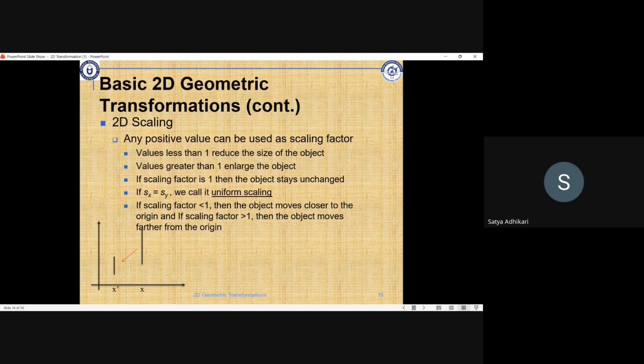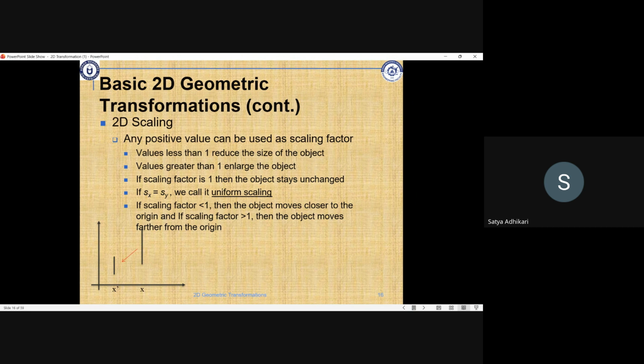So what do you think the scaling factor is? The scaling factor here must be less than 1 because the size decreases. If the size decreases, you see the line is closer to the origin. The line comes closer because the x-axis and y-axis values decrease. Decreasing means it comes closer to the origin.